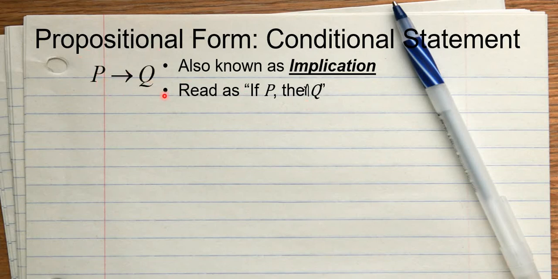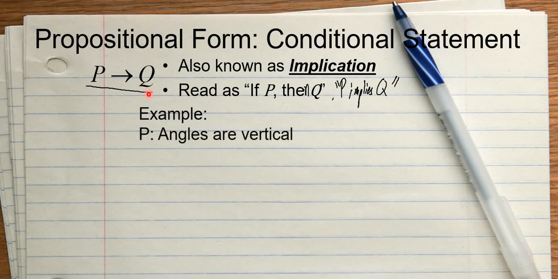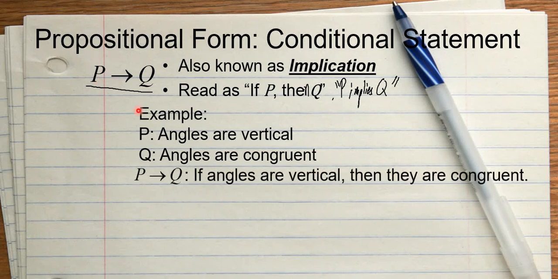Another way of reading this would be P implies Q. So that's another way of saying this statement, if P then Q. So, say for example, we have the statement P: angles are vertical, and Q: angles are congruent. If we now combine them in the propositional form P implies Q, we would have if angles are vertical, then they are congruent, or angles are vertical implies that they are congruent.